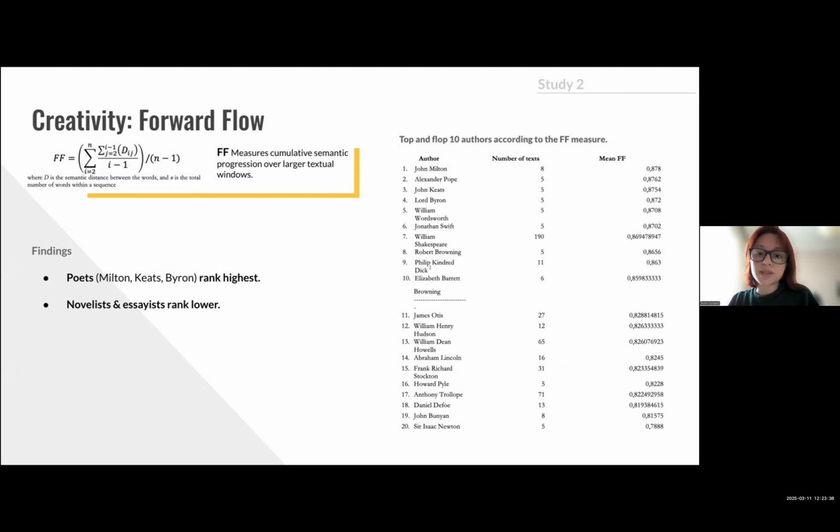This aligns with the expectation that poetic language is more associative and unpredictable, while essays tend to be more structured and logical. However, the question remains, does a high forward flow score always indicate greater literary creativity, or could it simply reflect stylistic differences between poetry and prose?